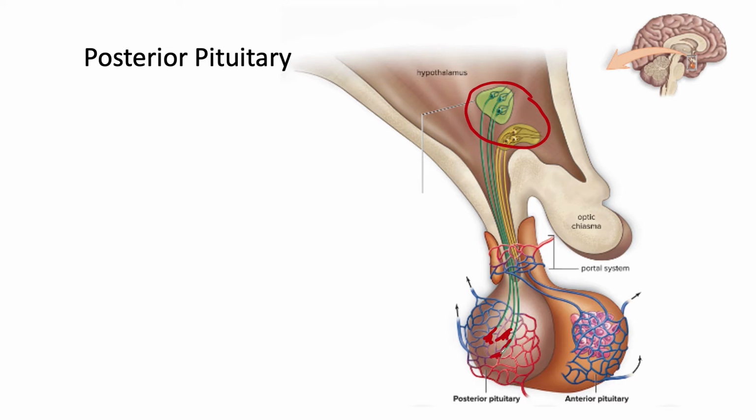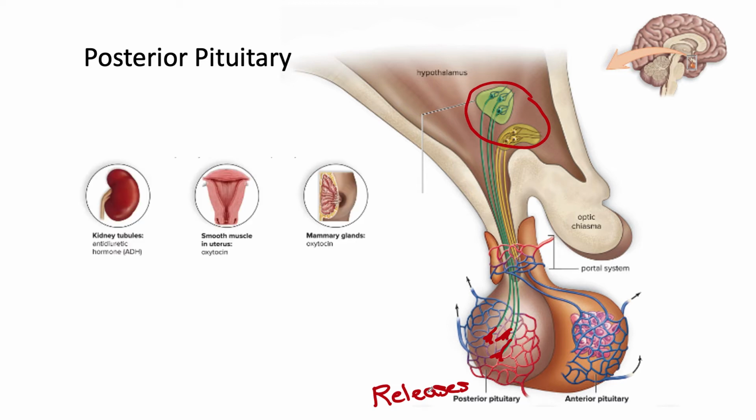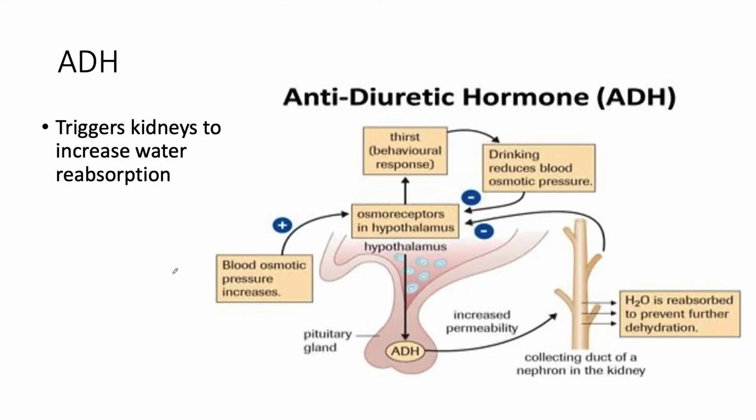And so what happens is the hypothalamus produces the hormones, and the posterior pituitary only releases them. It stores them and releases them when signaled to do so by the hypothalamus. So the two hormones that are produced by the hypothalamus and released by the posterior pituitary are ADH and oxytocin. So let's talk about ADH first.